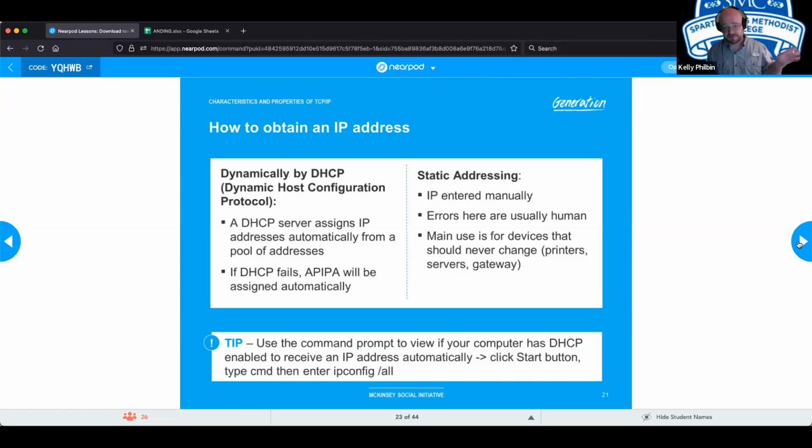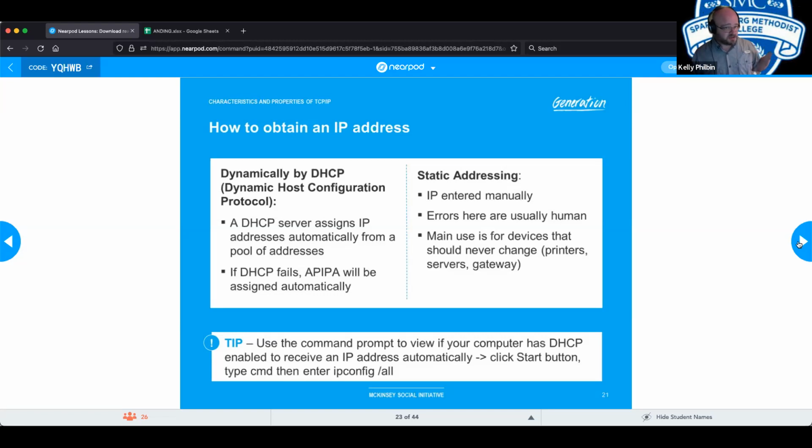Now your IP address will change because the lease could be 3 days, it could be 5 days, it could be a month, because there would only be a set number of IP addresses it can hand out. Think of a place where you utilize free Wi-Fi. Every time you go into free Wi-Fi, you communicate with the DHCP server and it gives you an IP address to operate there.